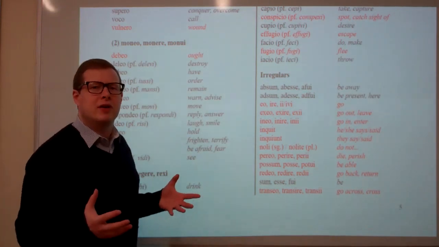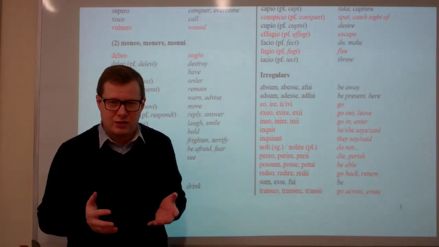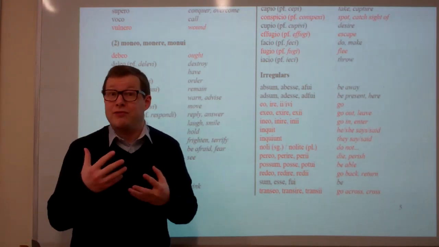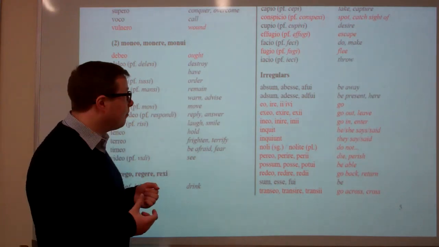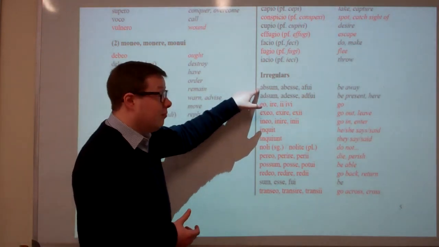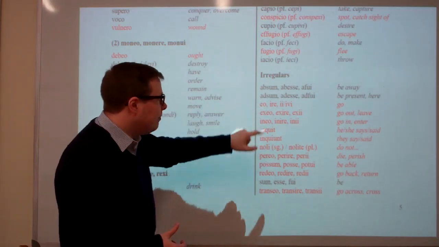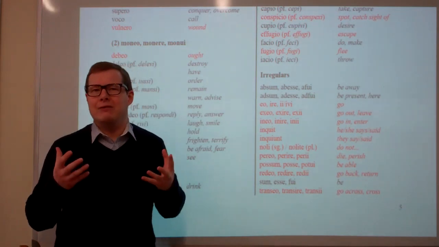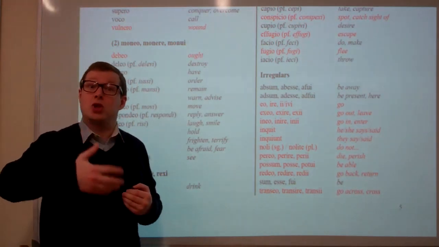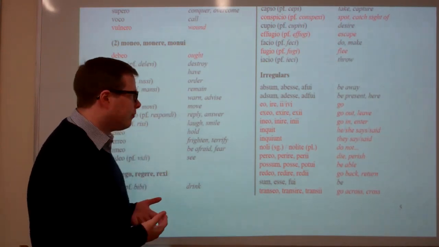A compound verb is a verb which has a little bit stuck on the front called a prefix, which can either work in an emphatic way or it can change its meaning, as it does here. So, absum, I am away, adsum, I am present, and then possum, I am able, which is usually followed by an infinitive, I am able to do something. The Romans were able to escape.